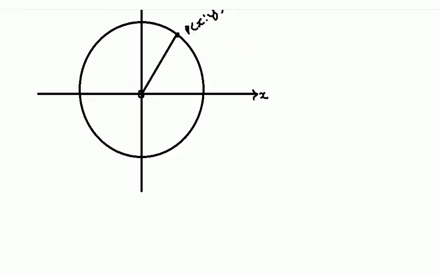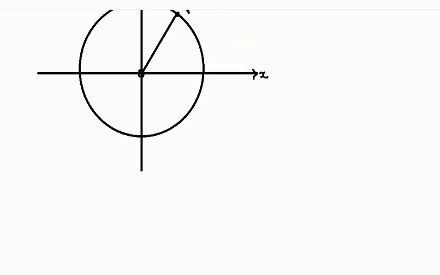Then to find the equation of the circle, we say that r is equal to the root of (x minus 0) all squared plus (y minus 0) all squared.